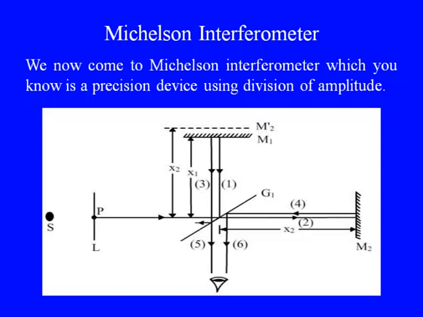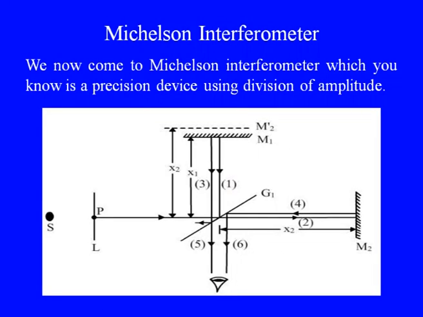Half of the light gets reflected, which is ray 1, and half of it gets through, which is ray 2. Ray 1 is reflected by the mirror M1, forms ray 3, which falls on this plate G. Part of it goes through, becomes ray 5, and goes to the observer.